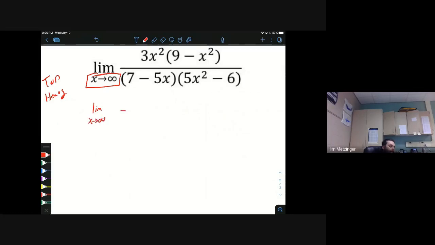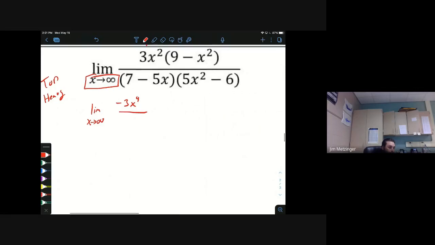Yeah, but it would be negative 3x to the fourth. All right, and the denominator would be what? Negative 25x to the third. So it's top heavy, but I can still identify the end behavior when we're going to the right.